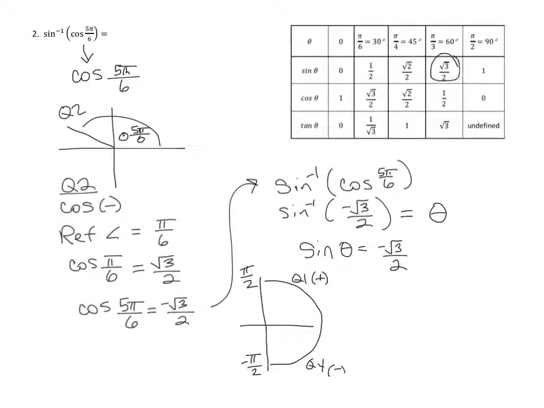We see up here, it's square root of 3 over 2, the sine equals pi over 3. So my reference angle for theta is pi over 3. But remember my sine was negative square root of 3 over 2, which means it's actually a fourth quadrant angle. So instead of pi over 3, we have negative pi over 3. If you looked at it on the graph, we would have this fourth quadrant angle of negative pi over 3. So negative pi over 3 is our final answer.